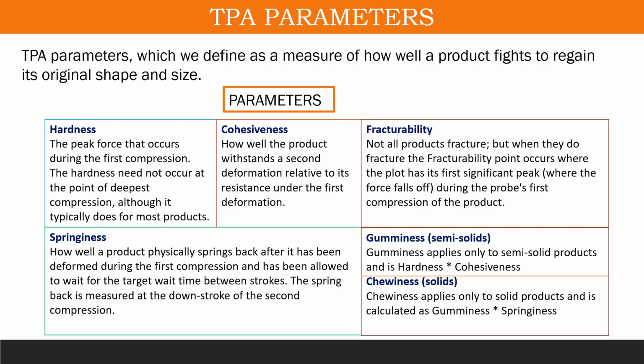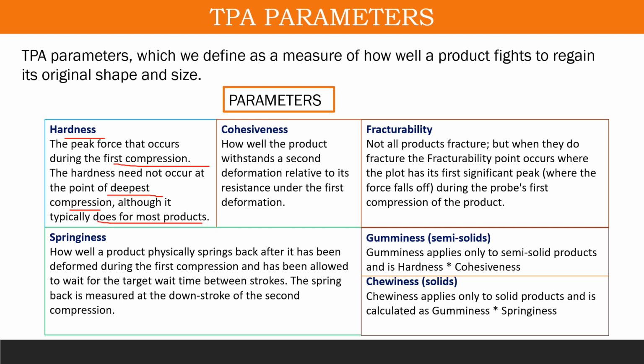Now, what are the texture profile analysis parameters? TPA parameters, which we define as a measure of how well a product fights to regain its original shape and size. First one is hardness, the force that occurs during the first compression. The hardness need not occur at the point of deepest compression, although it typically does for most products.